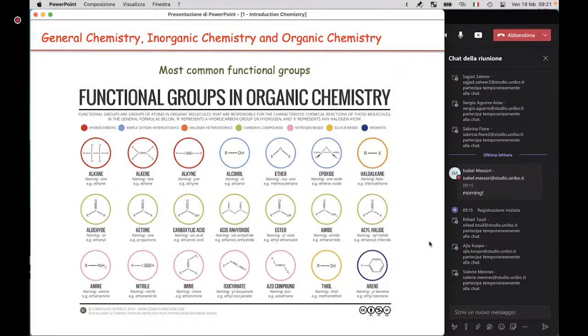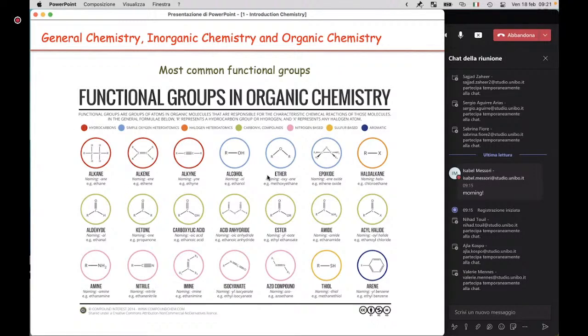Here you can see a scheme including many important so-called functional groups. We will briefly take a look at some of them, but it is just to give a survey of the wide variety of compounds that can be observed and synthesized in organic chemistry. Here in red, with the red circles, we have hydrocarbons.